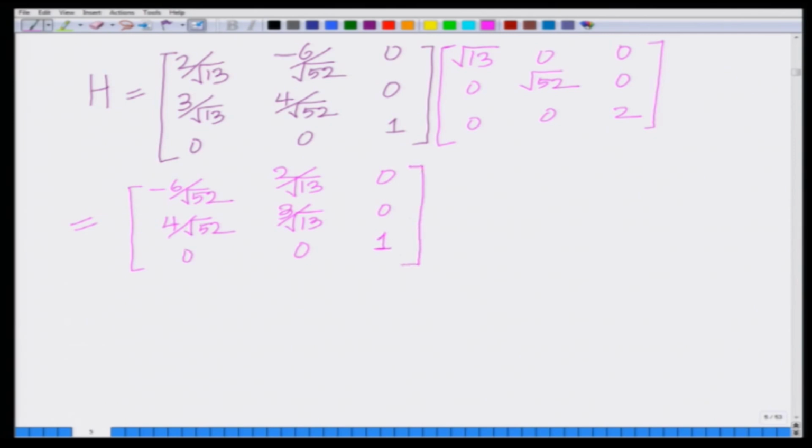Now, since I am switching the first 2 columns of the first matrix, I have to switch the first 2 rows of the second matrix. So, I will have 0, square root of 52, 0, square root of 13, 0, 0, 0, 0, 2. So, this is what I have. Now, I want to again shift the columns to make the second matrix a diagonal matrix.